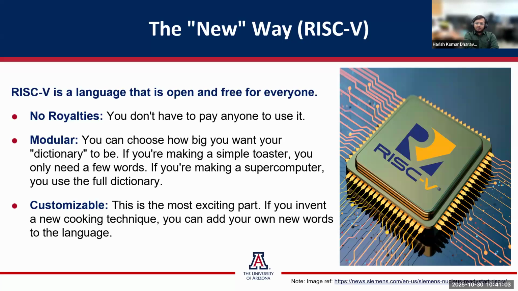It is a language. You don't have to pay any royalties. You can choose how big you want it to be, and you can add as many modules or applications on top of it to enhance it. So think of RISC-V as a base design or a base architecture on top of which you can add modules or applications to improve your design. It is also customizable, so you can totally change the whole language as long as the core architecture part is intact.